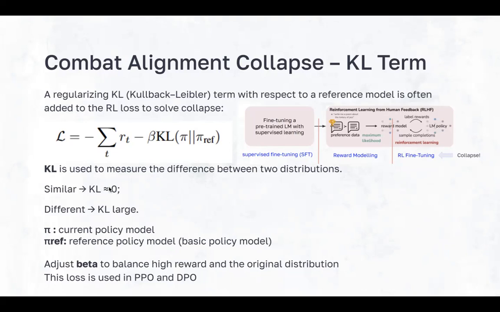The KL term is used to measure the difference between two distributions, pi and pi sub reference. You can treat them as two distributions. If KL approaches 0, these two are similar, and if they are different, the KL will be large. And pi should be the current policy model.